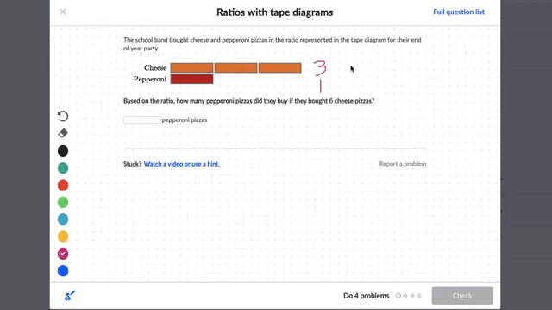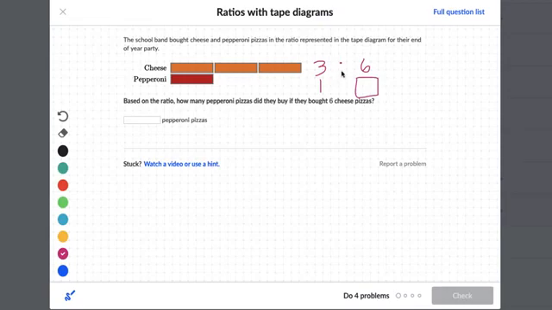So they're saying if it's 3 to 1 cheese to pepperoni and they got 6 cheese pizzas, we need to figure out how many, oops, I wrote it in the wrong spot. We got 6 cheese, I put it under pepperoni. We need to figure out how many pepperoni pizzas they bought.